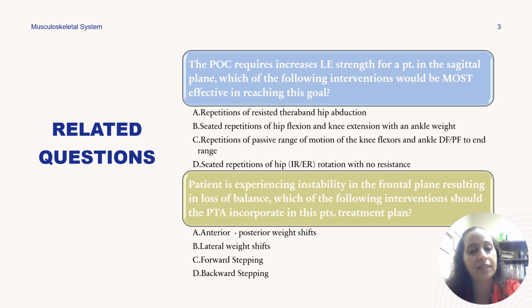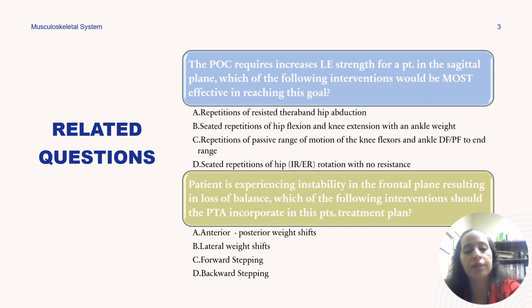And in C, although those motions do occur in the sagittal plane, passive range of motion does not result in strengthening or increases in strength. If you are moving the patient without them doing any muscle work, then you're not increasing strength. You're increasing range, mobility, flexibility, but not strength. And the plan requires strength interventions in the plane.